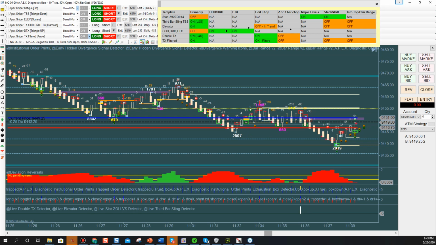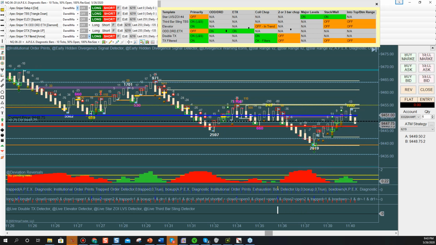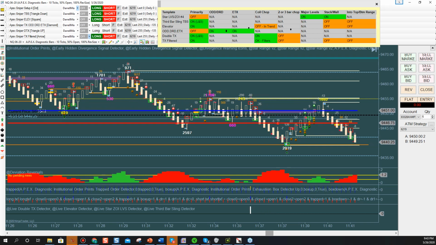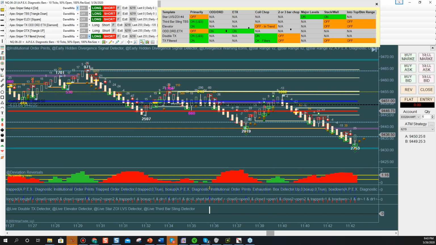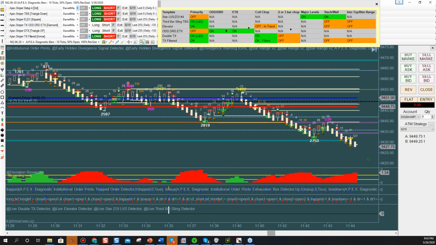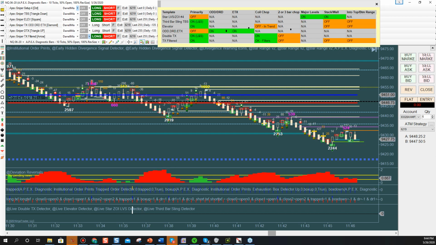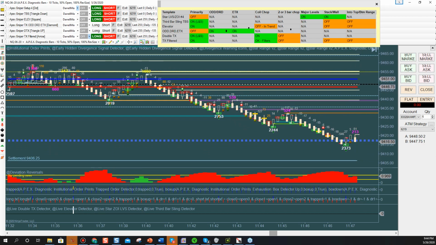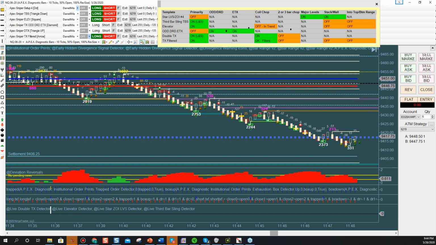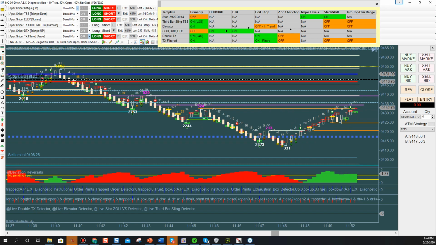That divergence would win. Well, you technically couldn't have traded that as a divergence. Let's see here. No divergence. Got a divergence there that was profitable. No divergence. No entry for a divergence.